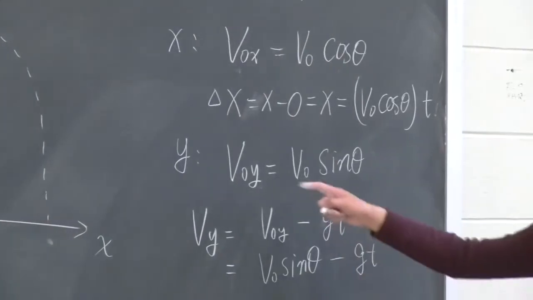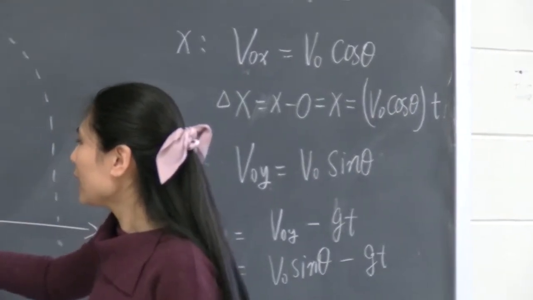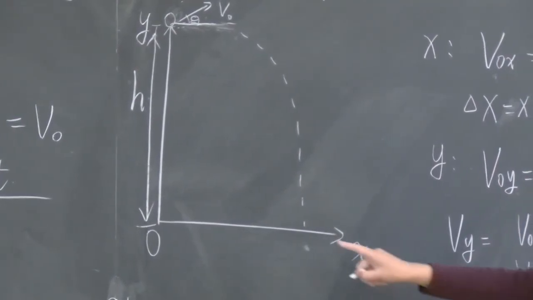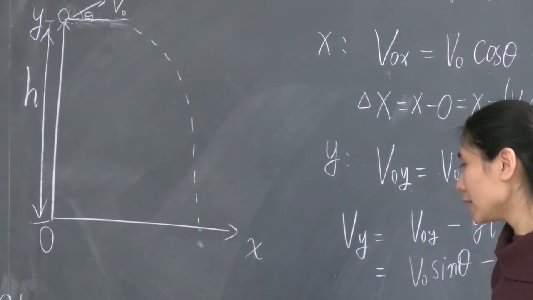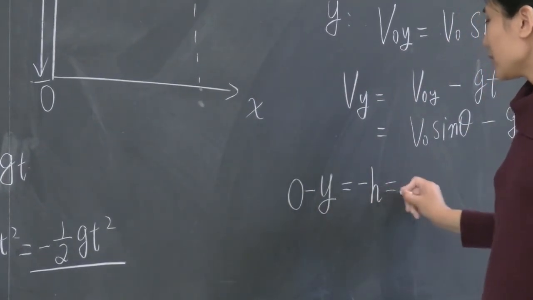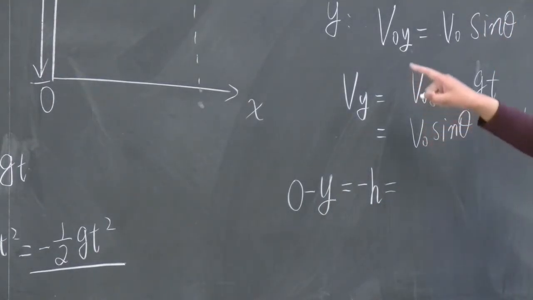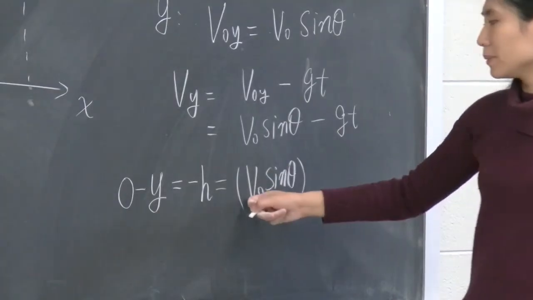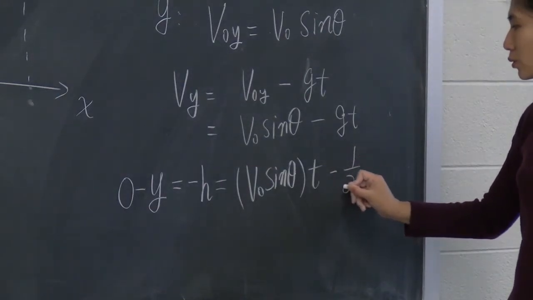And the displacement along the y direction, supposing the height is the same, is still h. The final position for y is 0, the initial is h, so the displacement is negative h. The initial velocity for the object, v naught y, is no longer 0, so there is a value here, minus 1/2 gt squared.